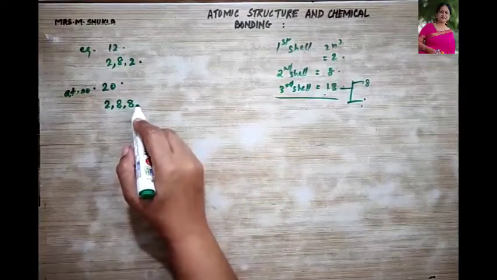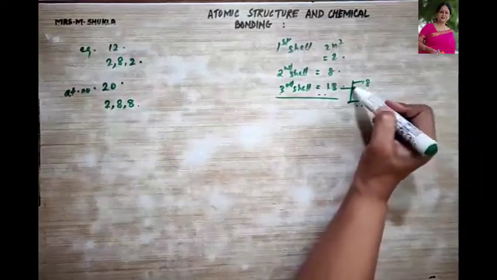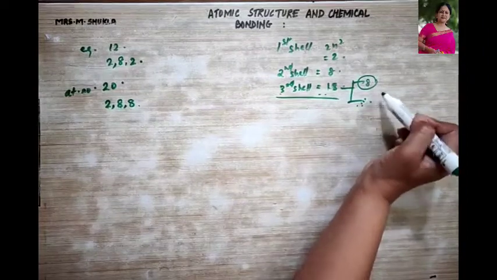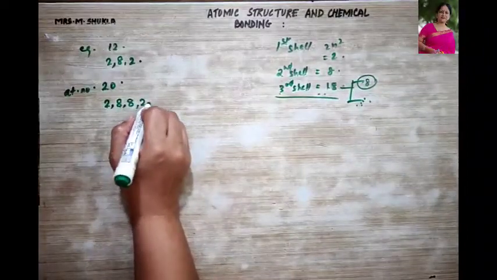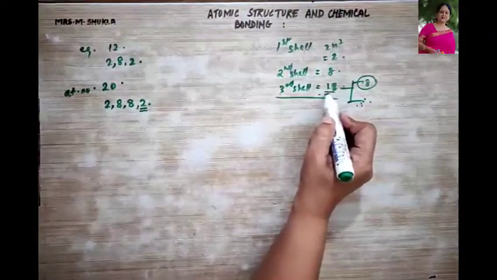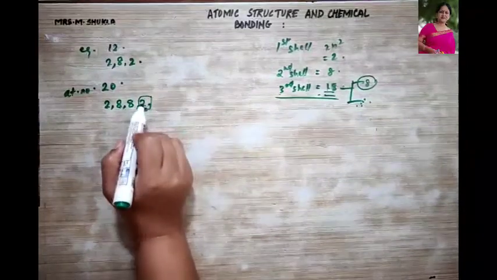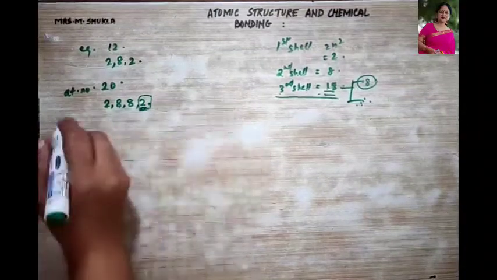Now in the fourth shell, as I told you, the third shell is divided into 2 parts. So the third shell becomes 8. The fourth shell now will have 18 electrons, but here how many are there? Just 2. So here 2 electrons will enter. At this stage, 18 electrons could be filled over here, but since there are only 2, 2 electrons will be placed here.